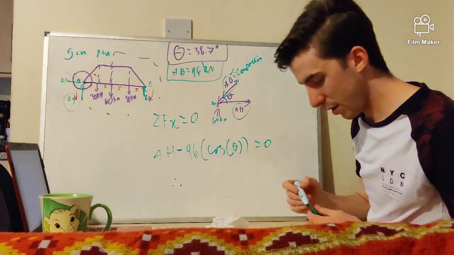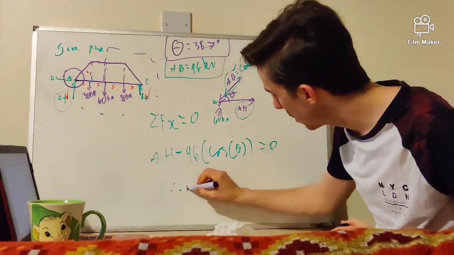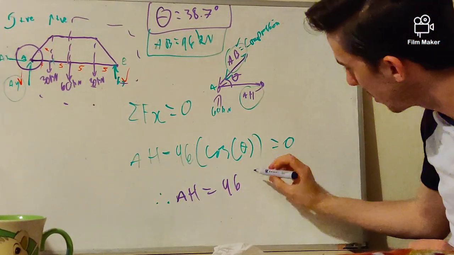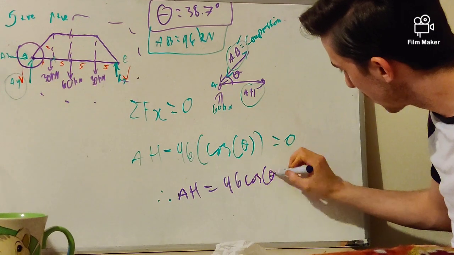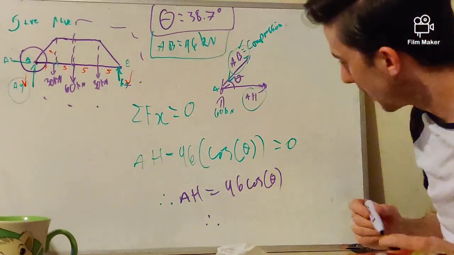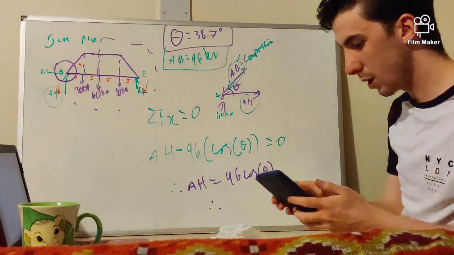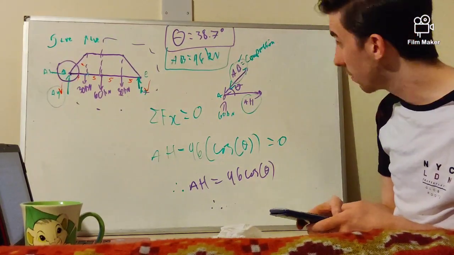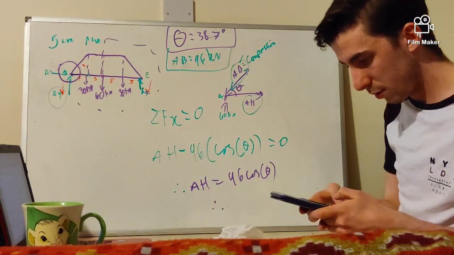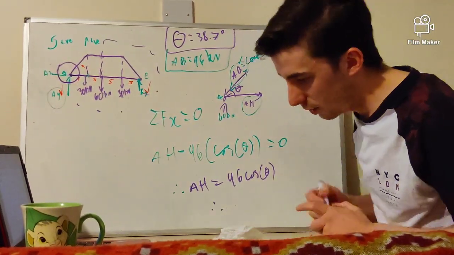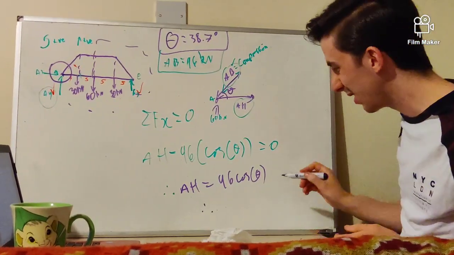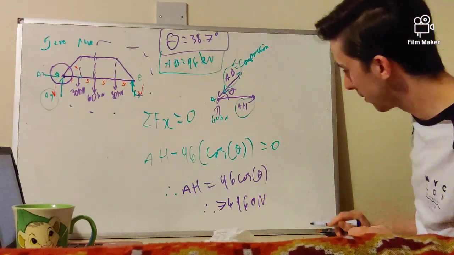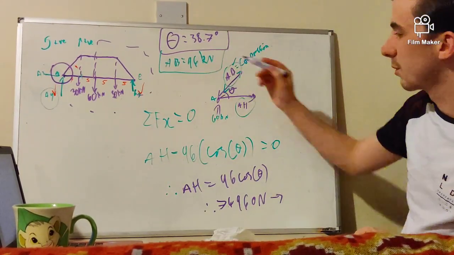So therefore AH equals 96 cos theta, which means that AH is 96 times cosine of 38.7, which is 74,960 newtons, which I can simplify down because we're working in kilonewtons.